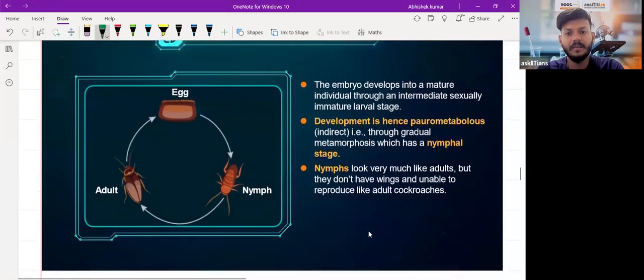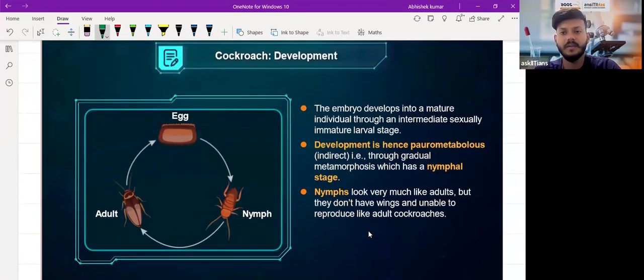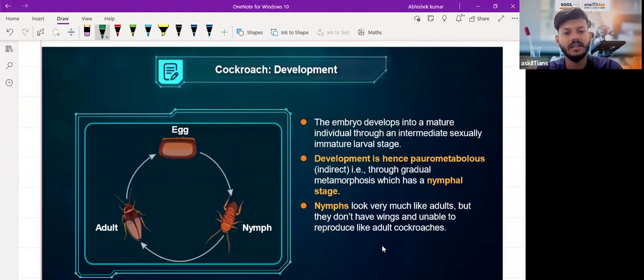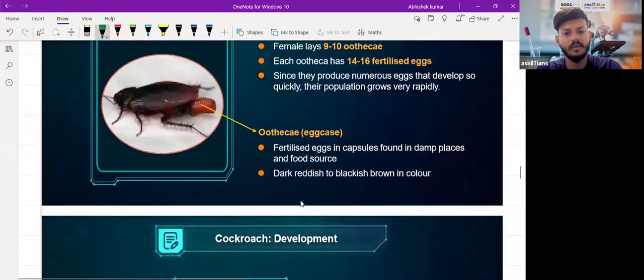Then development: the egg develops into a mature individual through an intermediate sexually immature larval stage, through gradual metamorphosis, which has a nymphal stage. Nymphs look very much like adults, but they don't have wings and are unable to reproduce like adult cockroaches. So this was all about the life cycle and all about the cockroach.